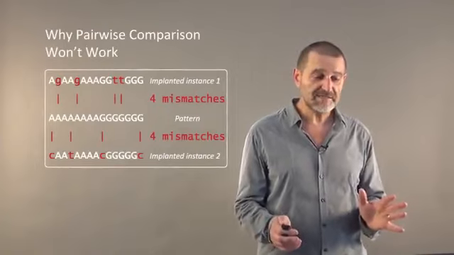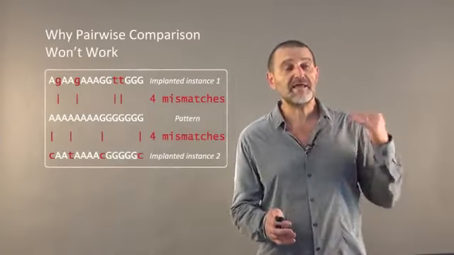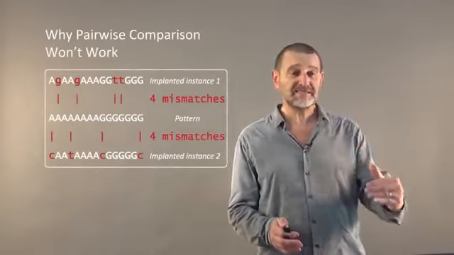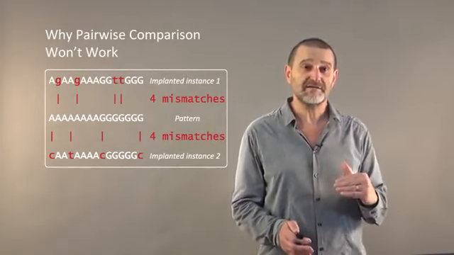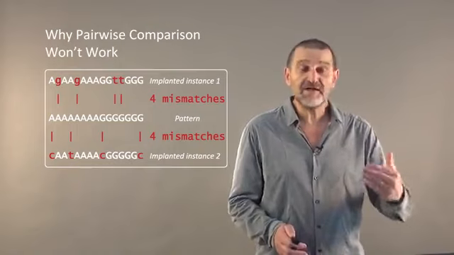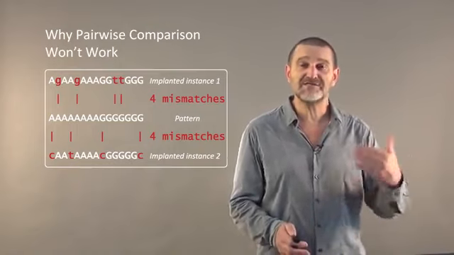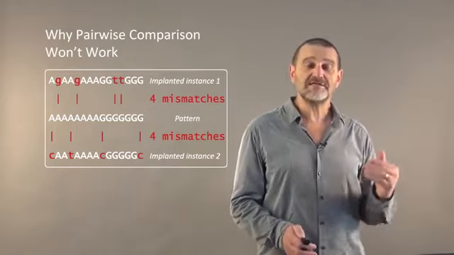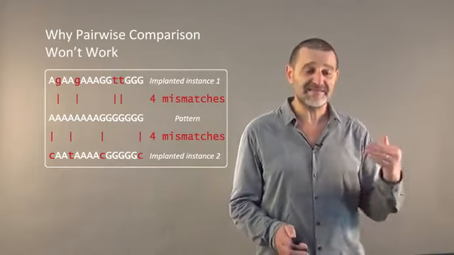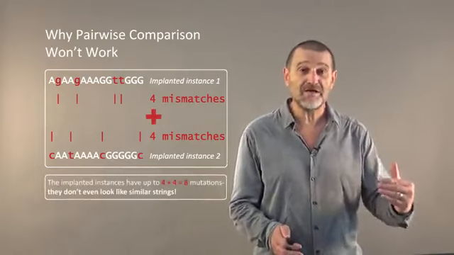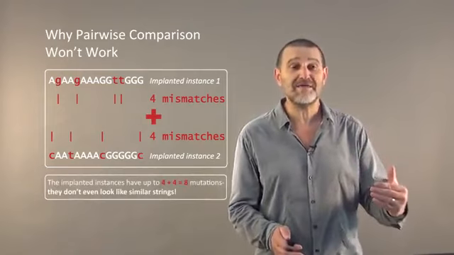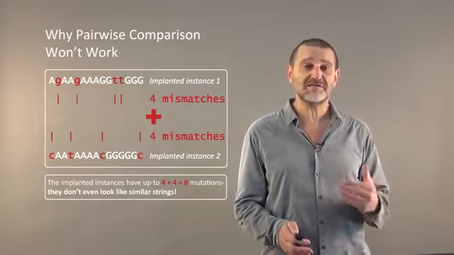Unfortunately, it won't work, because when we implant a pattern, it has 4 differences from the original pattern. But we don't have access to the pattern, so there is nothing to compare with. The only thing that we have are implanted instances. But every 2 implanted instances are maybe 4 plus 4 mutations apart. How can we find them?